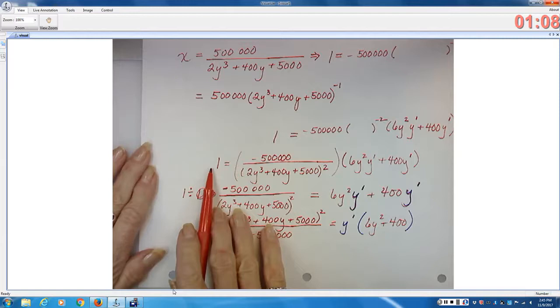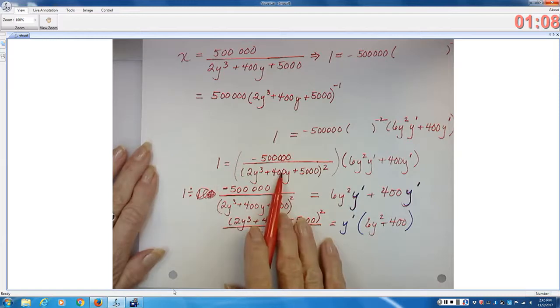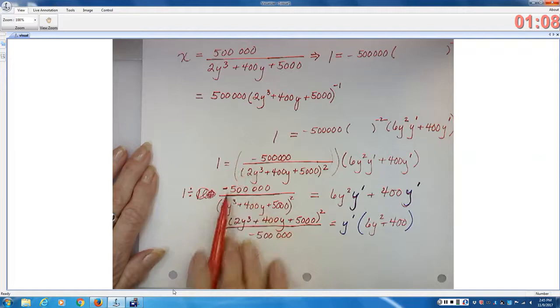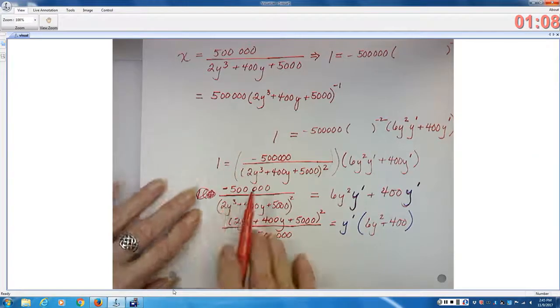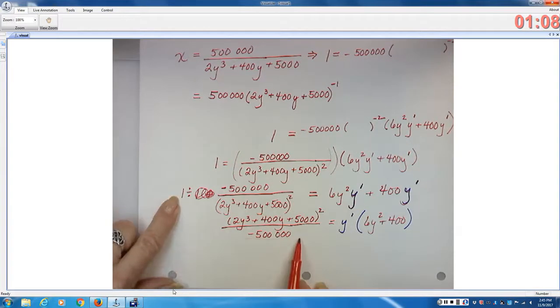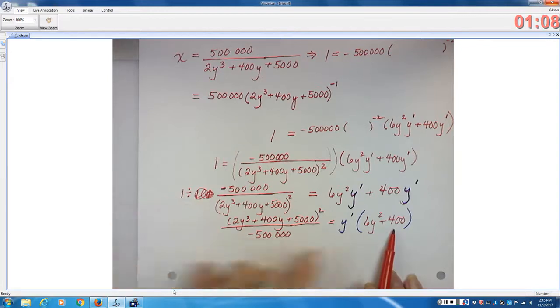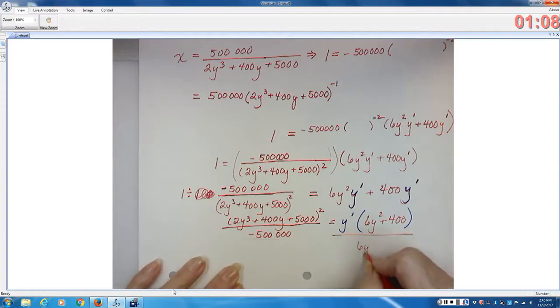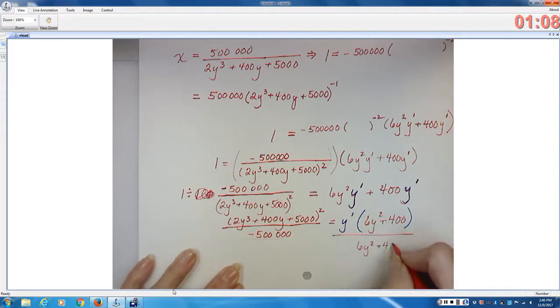So we took the derivative, divided both sides by this factor, which means we flipped that factor over and multiplied by it, and since we multiplied by 1, it didn't change. Then we factored out y prime on the other side. Now we need to divide both sides by 6y squared plus 400.